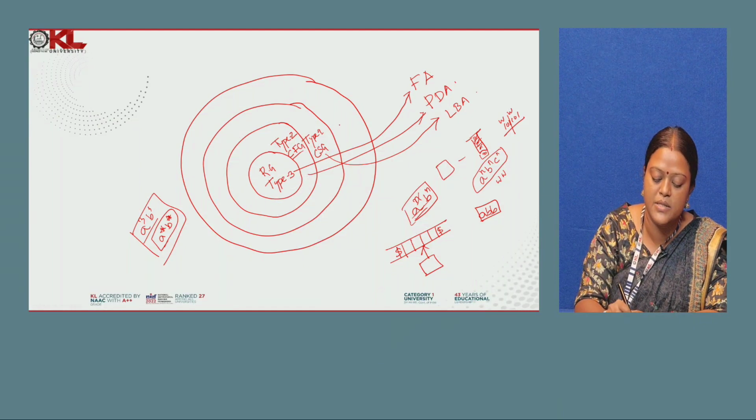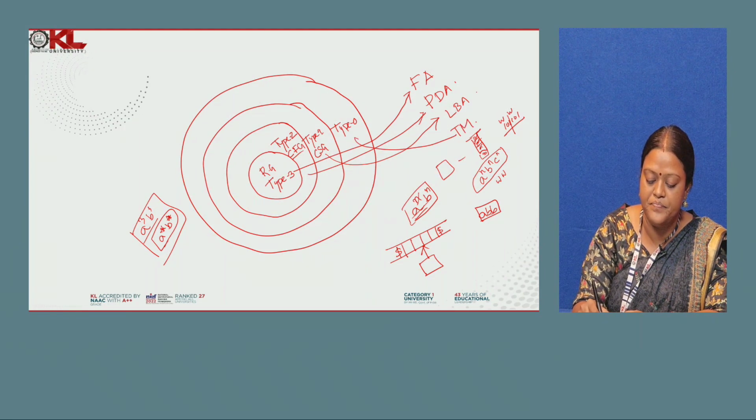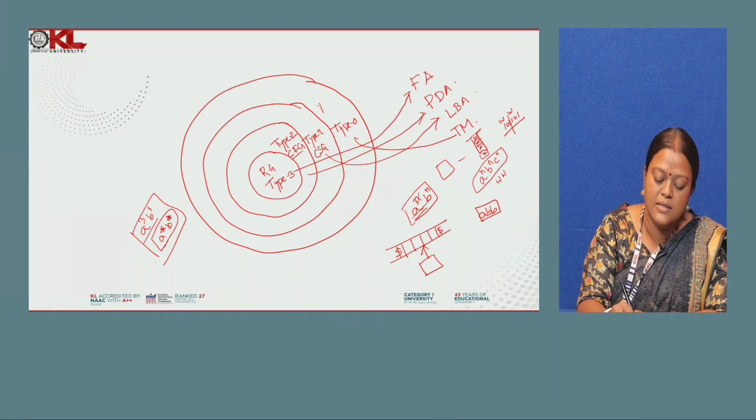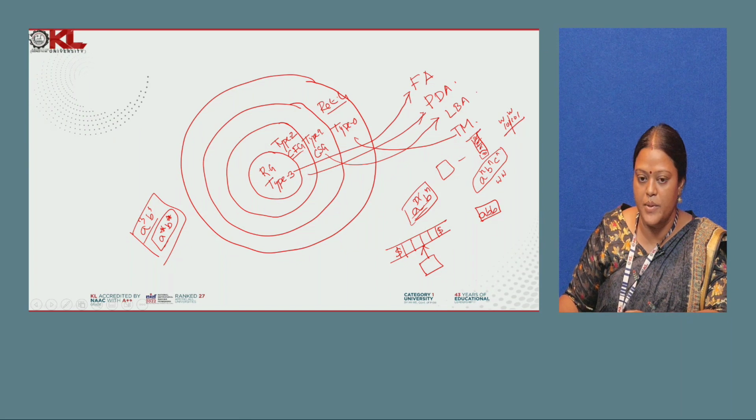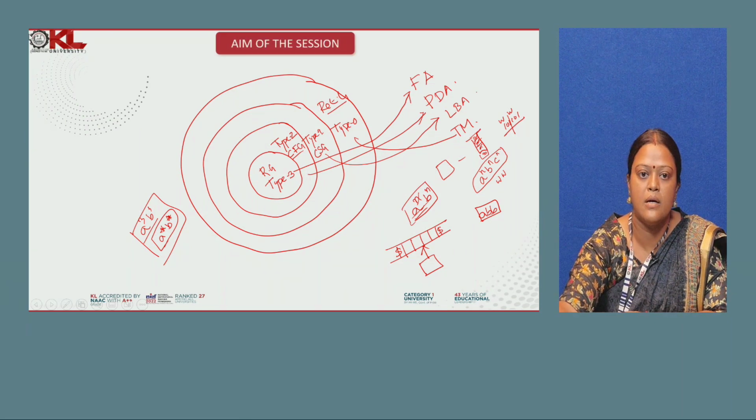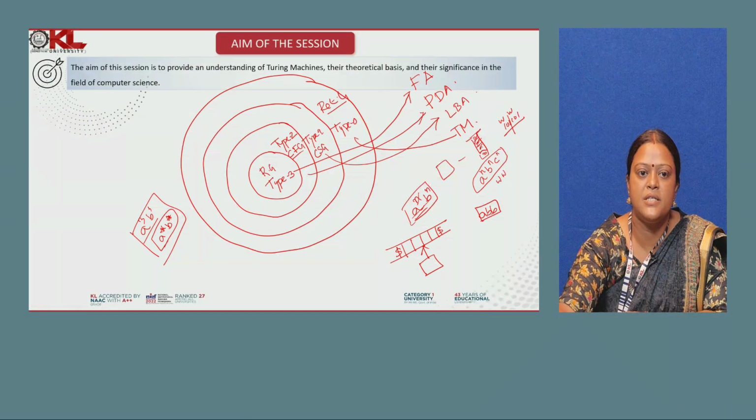And finally, what we will study today is type 0 grammar, which is accepted by Turing machine. These are recursively enumerable languages, or recursively enumerable grammars. The aim of this session is to provide a complete understanding of the Turing machine.